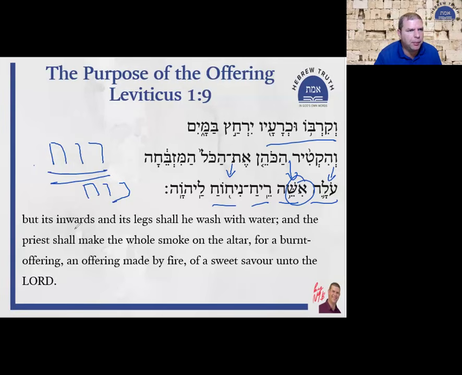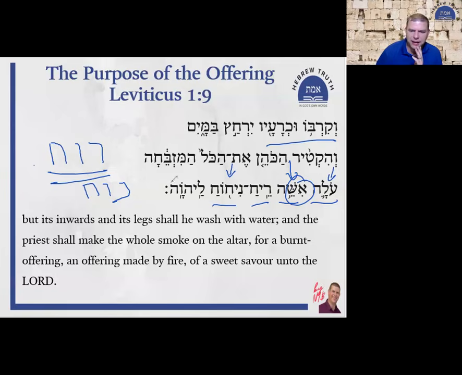Like the biblical Noach, right? Who offers the offerings when the ark finally finds its place. So this soothing aroma, pacifying, satisfying, all related to this terminology, reach nichoach, and that's the purpose of the offerings.